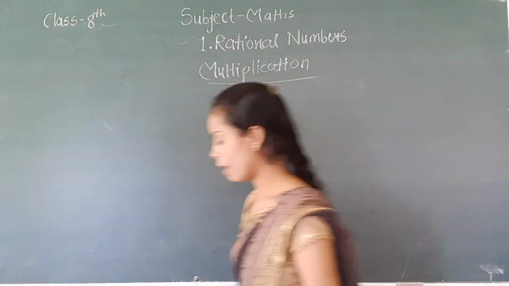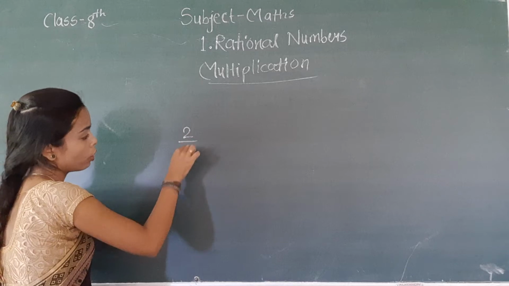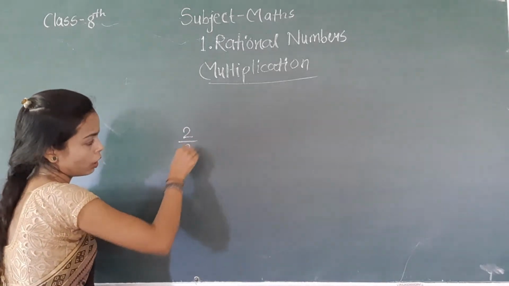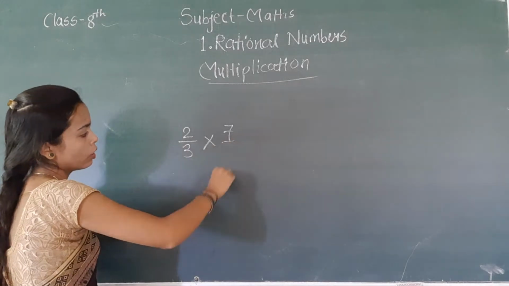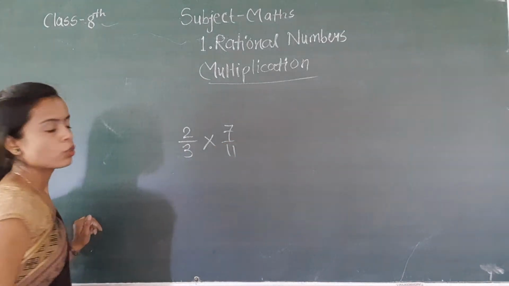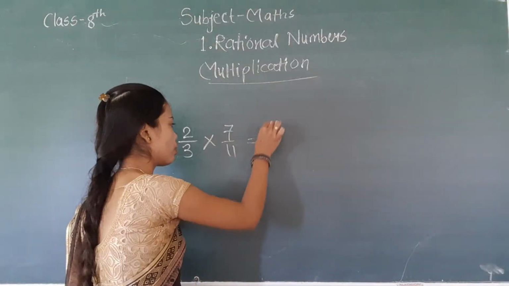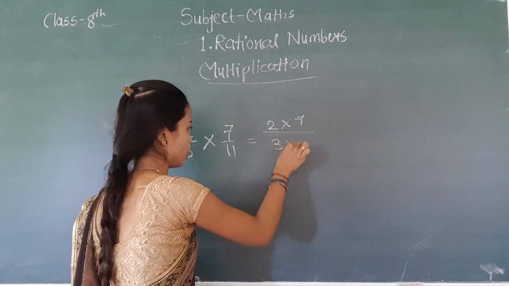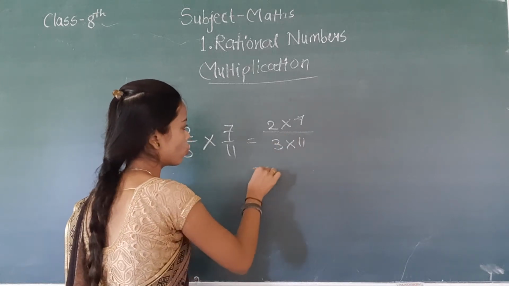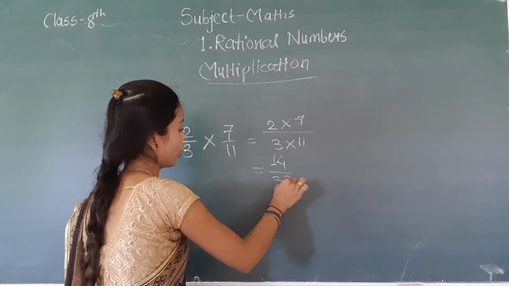If you have to multiply two rational numbers, that is 2 upon 3 multiplied with 7 upon 11, what will we do? We multiply the numerator with the numerator and the denominator with the denominator. So our answer is 2 into 7, that is 14, and in the denominator it's 33.